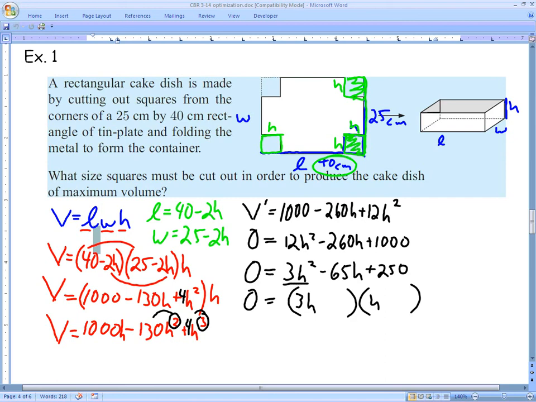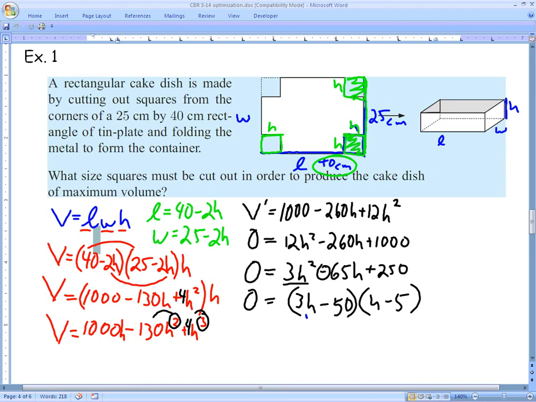My last term has to multiply to become 250, but I can see there's a negative involved, and so they probably both need to be negative here. And I need to come up with terms that multiply to be 250, but when I do FOIL, will give me a middle term of negative 65. And through a little guess and check, we get 50 here and negative 5 here.